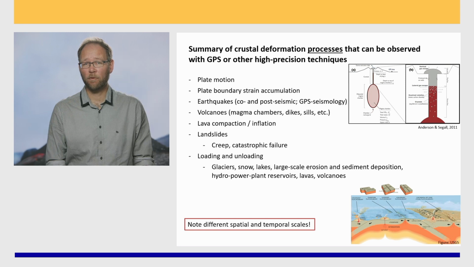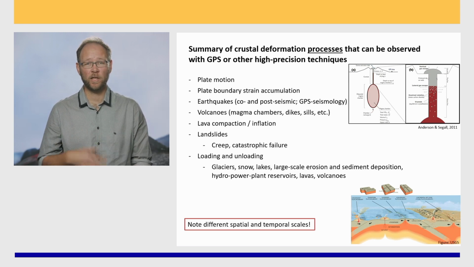We also have loading and unloading events. Many of us maybe know glaciers. They are melting now, and when they melt, the ground is uplifted. But we can also have similar deformation just from seasonal changes in the snow load, if there's a lot of snow or not.